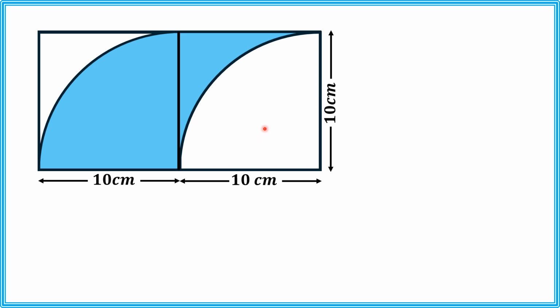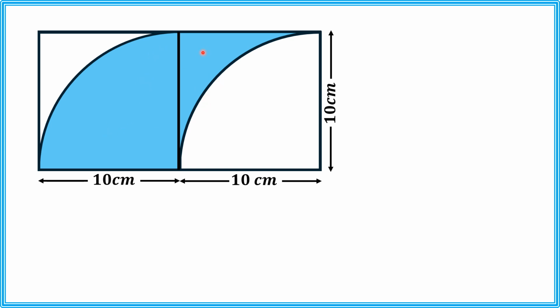Here you can see that this one is a quarter circle having radius equal to 10 units, and this blue shaded region is also a quarter circle having radius equal to 10 centimeters.